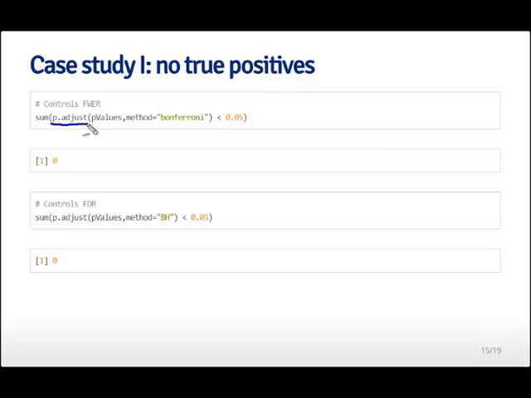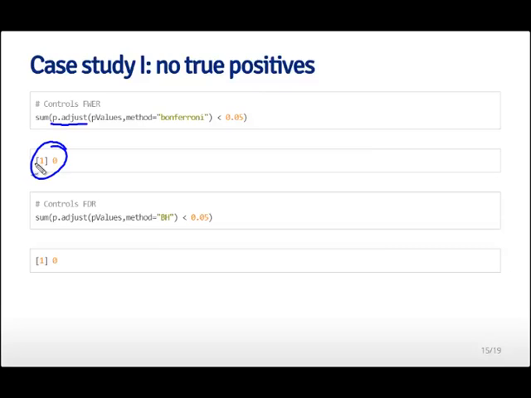In the first case, I say method equals Bonferroni because I want to do the Bonferroni correction. Now that I've corrected the p-values, I can just compare them to a standard alpha level, in this case 0.05, and look at how many are less than that. In this case there are 0. So when there are no true positives, we find very few significant results when controlling the family-wise error rate, which is good. We shouldn't find any significant results because there's no relationship.